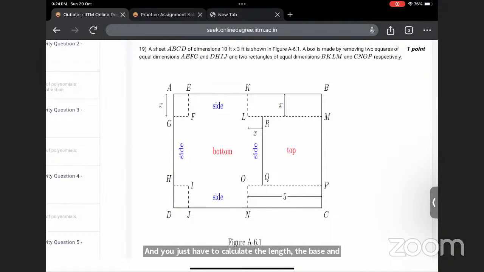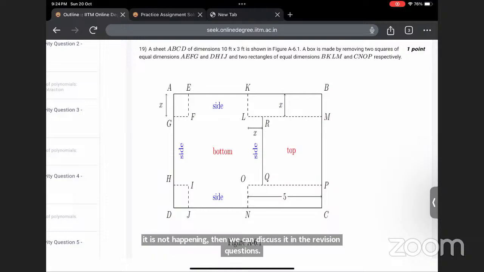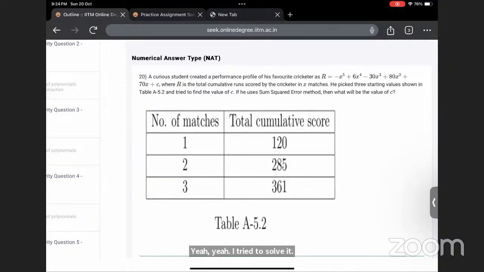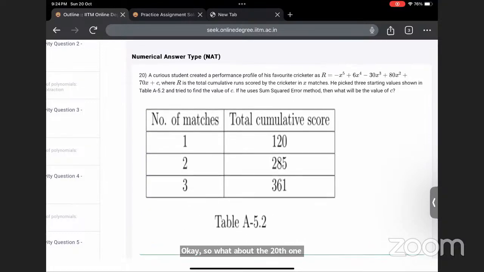This is a 10th level question. Why are you finding it confusing? So I guess you can solve it, at least try to solve it. If it is not happening, then we can discuss it in the revision sessions. Okay, ma'am, I'll try to solve. Okay, try to solve it. So what about the 20th one?